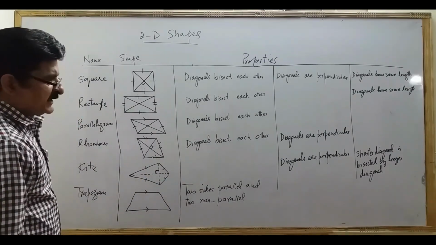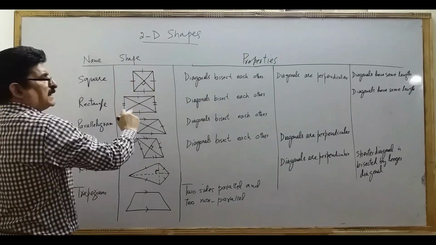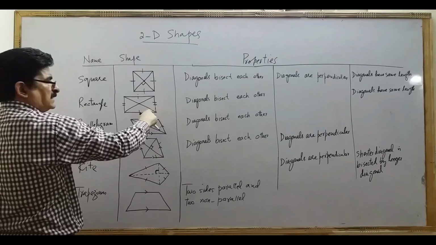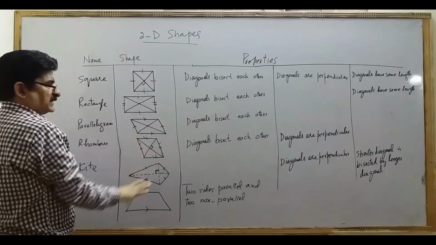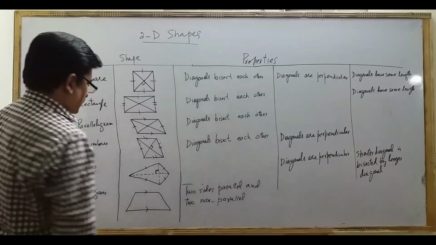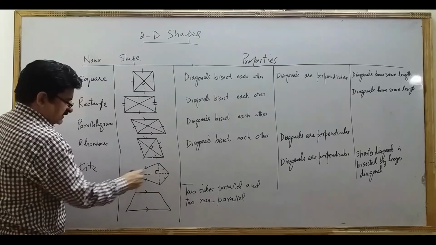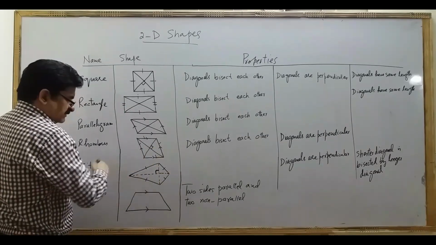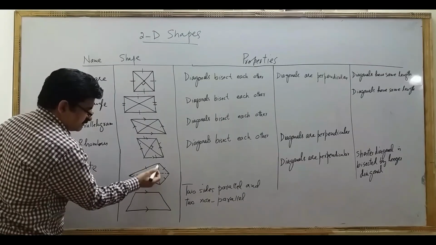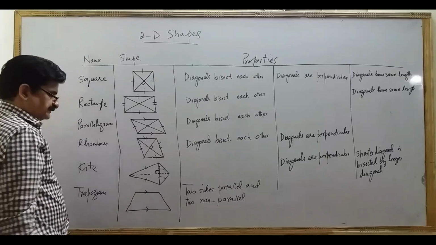Last property, that the diagonals have same length in square, the diagonals have same length in rectangle, and then in no other diagram. And a different property in kite is that this is a longer diagonal, this is a shorter diagonal. Shorter diagonal is bisected by a longer diagonal, means that this is the midpoint of this diagonal. So this length is equal to this length.